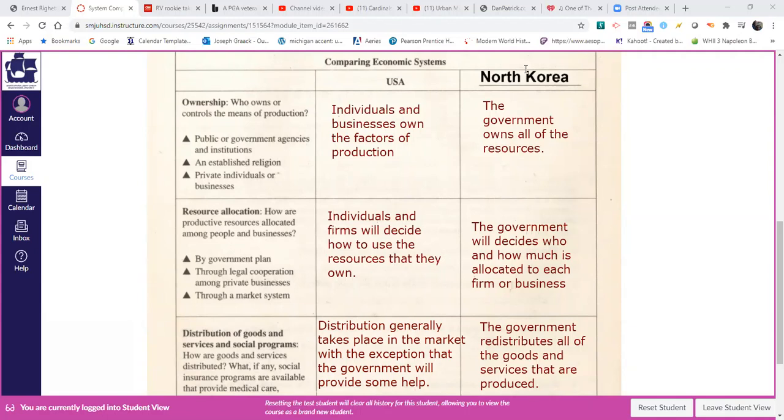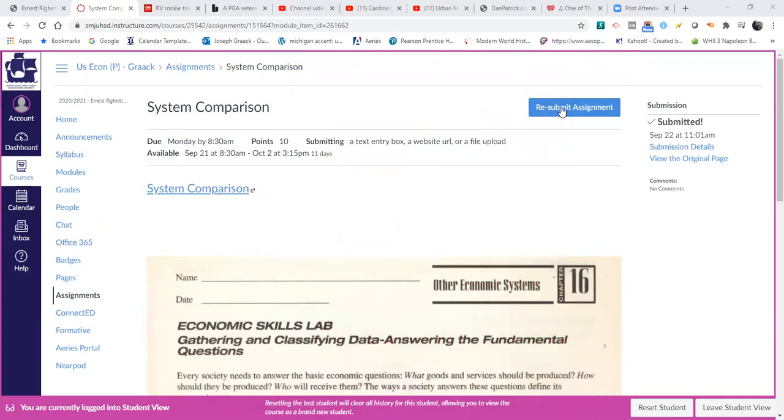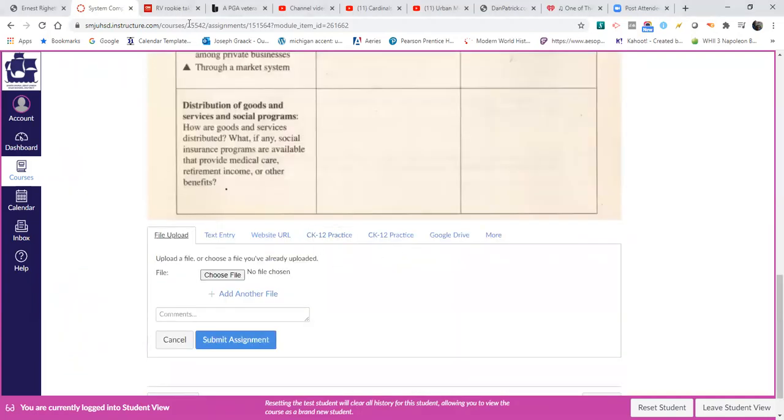So let me save. Okay. So I saved this, I'll come back to it, but I just want to show you. Once you've put in all 6 boxes, you can go to your blue submit button.